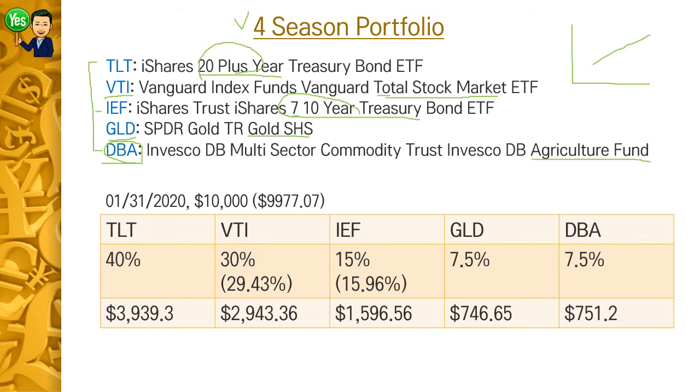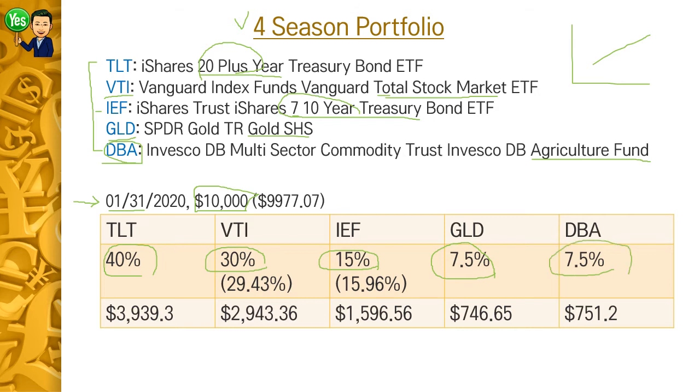In my virtual investment, I started January 31st, 2020. The total amount is $10,000, and TLT is 40%, VTI 30%, IEF 15%, GLD 7.5%, and DBA 7.5%.